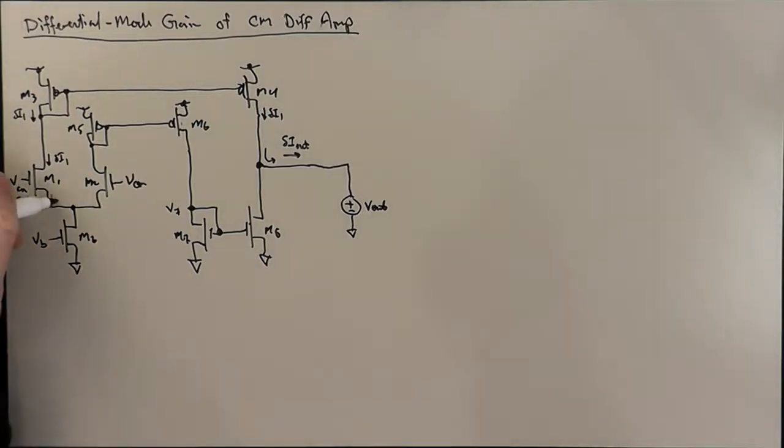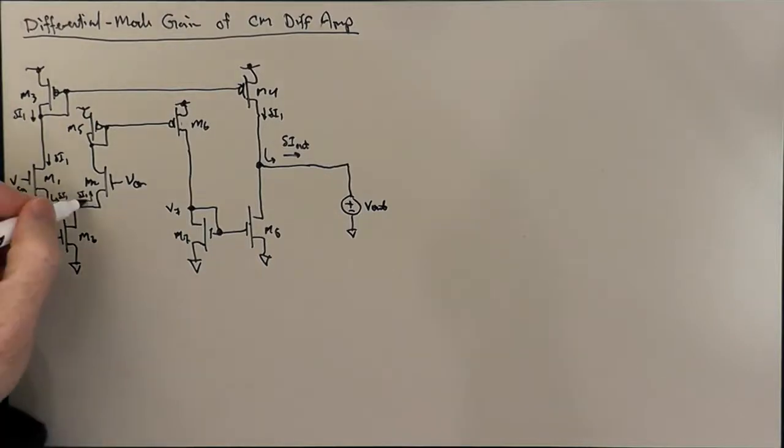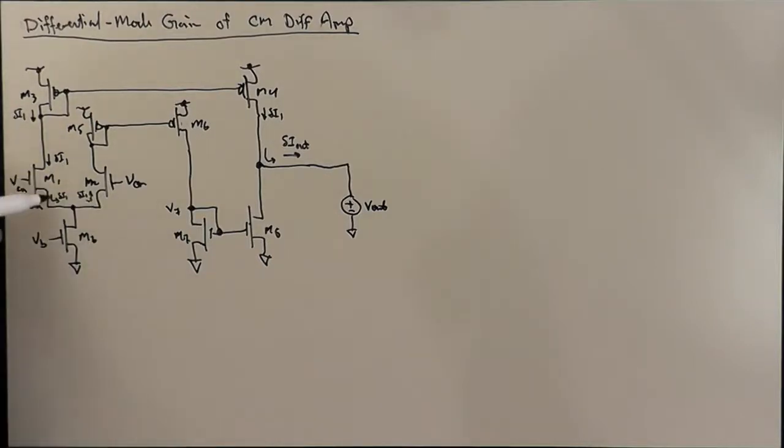Delta I1 also flows out of the source of M1, and then we have to figure out what happens as that flows onto the common source node. Well, it can't go down into the MB transistor because that's the drain of a saturated transistor, and so it must flow up the source of M2. Right? This is just saying, once again, that the current flow through M1 and M2 is a zero-sum game.